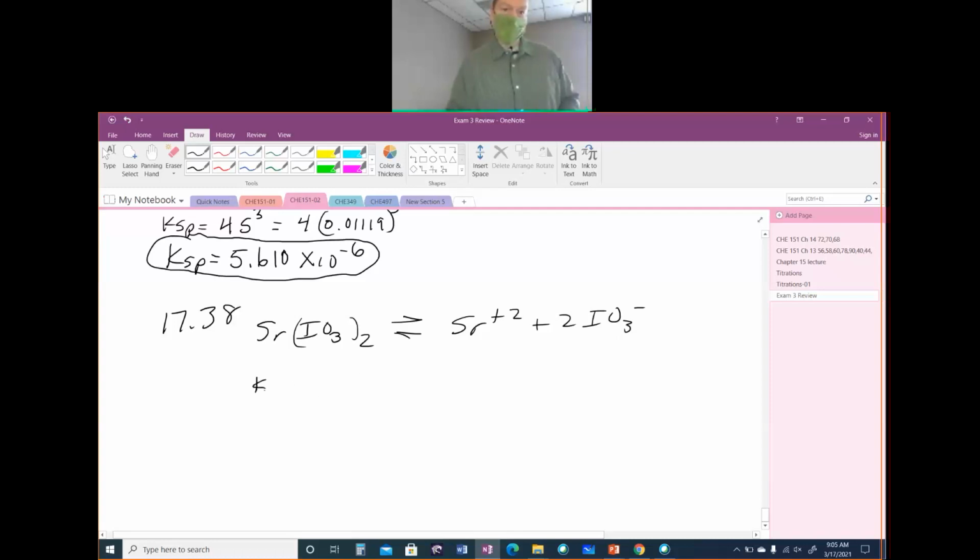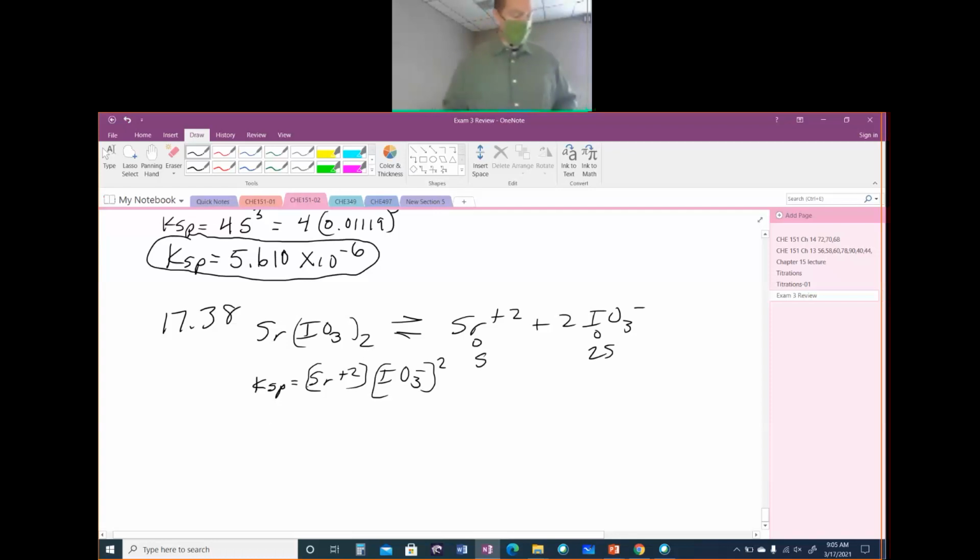So the KSP is equal to your Sr plus 2 concentration and your IO3 minus concentration raised to its coefficient of 2. And so this is 0 initially, then it goes to equilibrium. You have S and you have 2S.